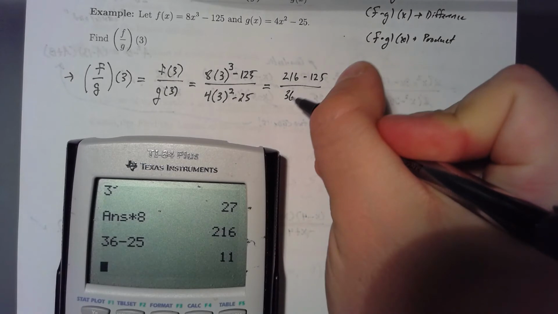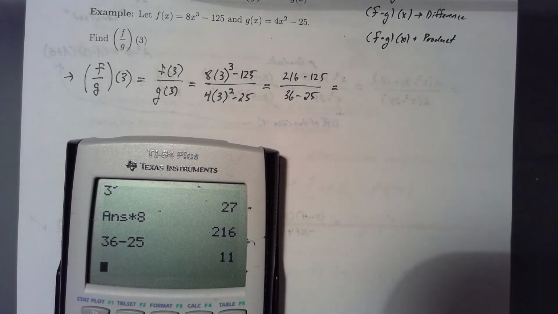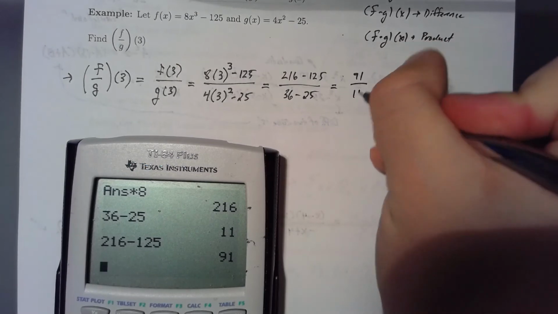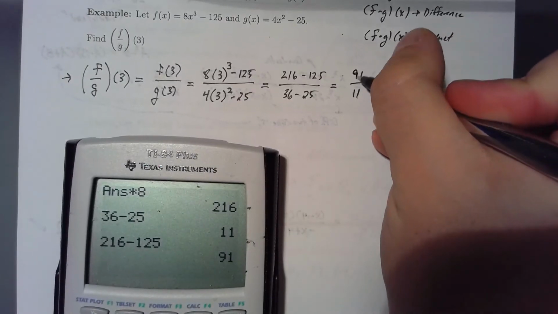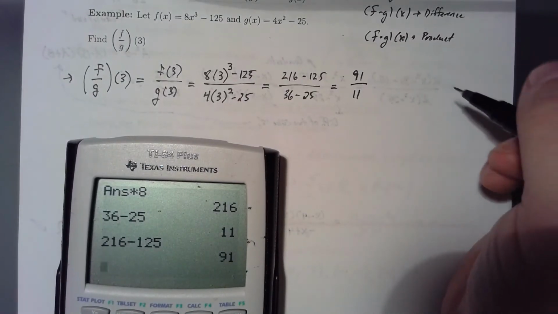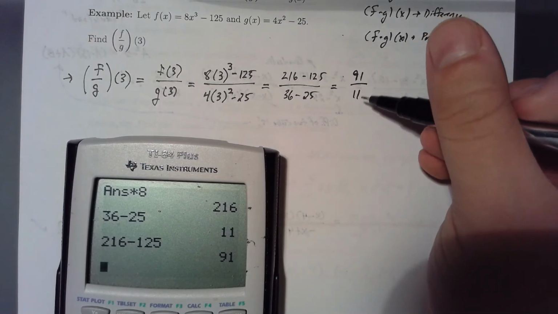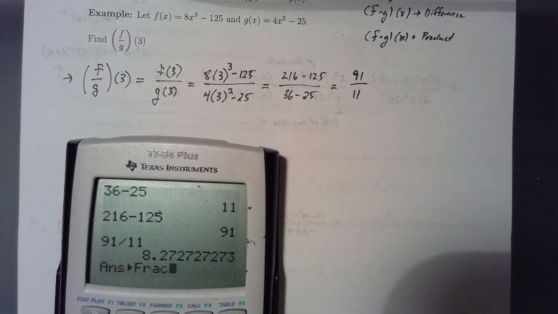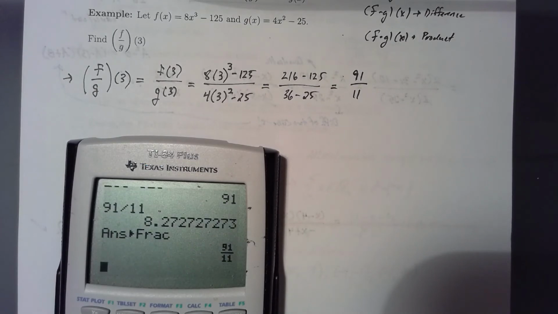So the numerator becomes 216 minus 125, which is 91 all over 11. Now, they're prime numbers, so 91 over 11 doesn't reduce. It's 91 over 11. Weird number, but that's what it is.